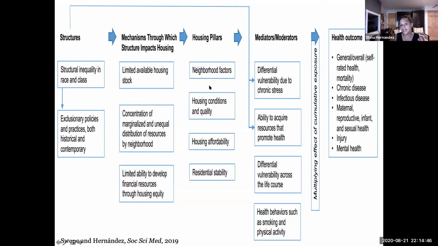And then you have these housing pillars, right? The context, the conditions, the costs, and the consistency, all coming together as mediators or moderators en route to health. And that's about differential vulnerability to chronic stress, just how hard it is for many people to contend with these housing issues.